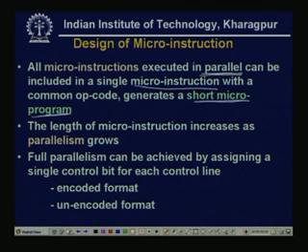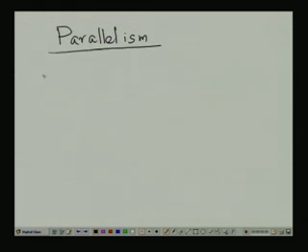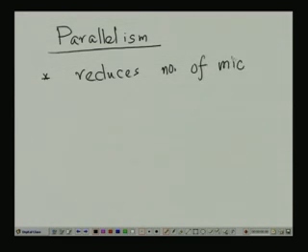So here we can say that the effect of parallelism is that it reduces the number of micro instructions. All the micro operations that are executed parallelly can be combined into a common opcode, and that means it is one single micro instruction.